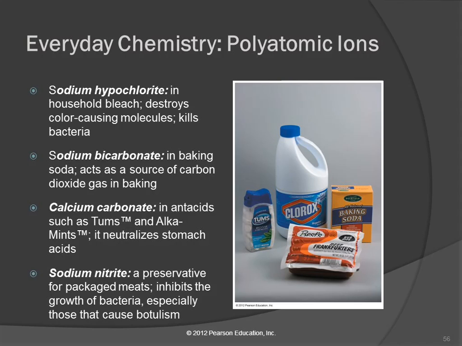Some of these polyatomic ions you encounter in your regular life outside of chemistry class. Sodium hypochlorite. We just learned about hypochlorite, so that is one less than the light version. Chlorate was ClO3, so this is ClO minus, and sodium is Na plus.